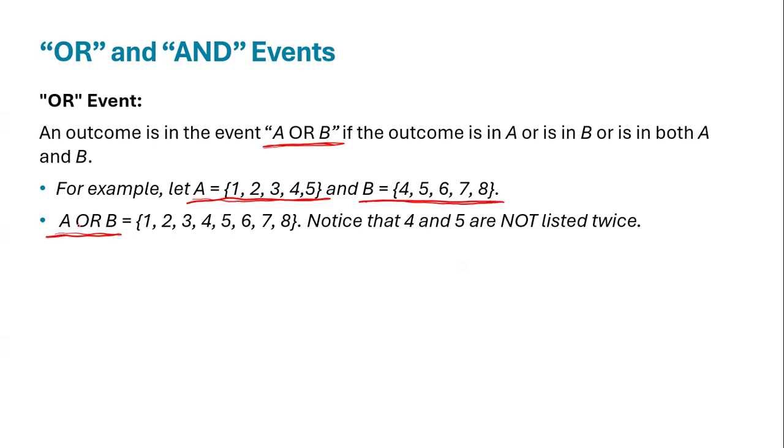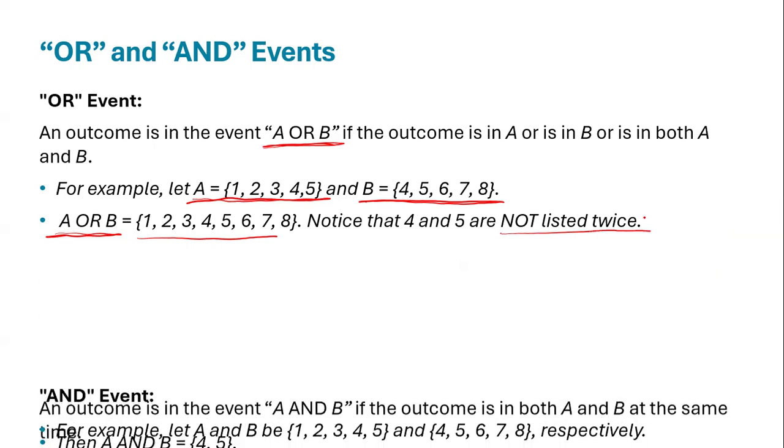Event A, 1, 2, 3, 4, 5, and event B, 4, 5, 6, 7, 8. 4 and 5 are repeated in both of those events, but I'm not going to write them two times when I'm writing A or B. If you see common numbers between the two events, you just write them once. Make sure that they are not listed twice. So A or B is 1, 2, 3, 4, 5, 6, 7, 8. All of A with all of B.